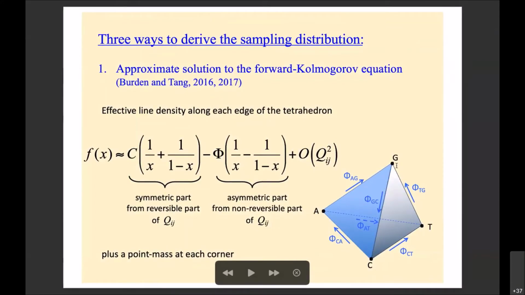So you've got to conserve probability at the corners. You put that in and you grind through lots of algebra and you worry about the non-reversible part of the rate matrix, and you find that there's a second term that turns up. So that's basically the intuition. I won't go through the mathematics. The mathematics, of course, is where all the thinking part is.